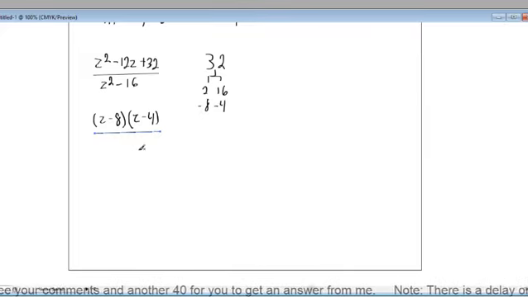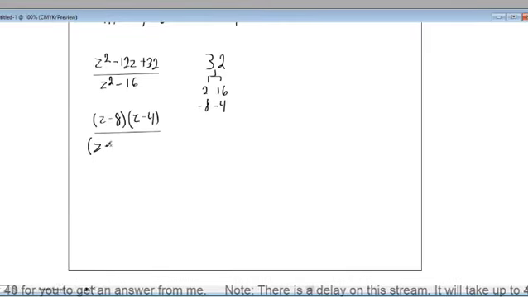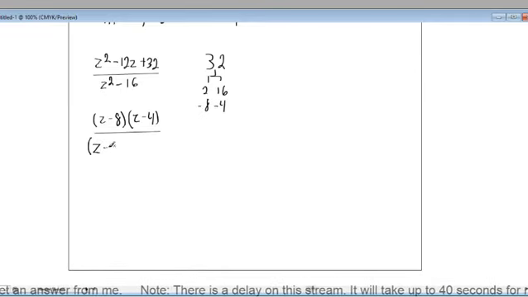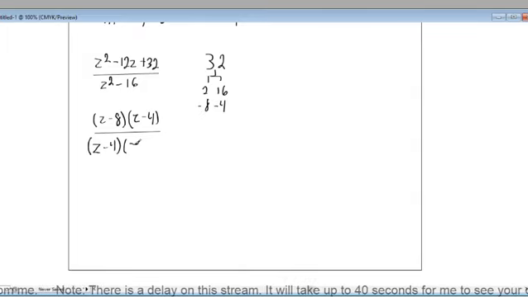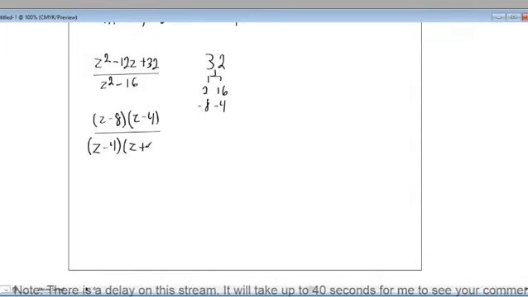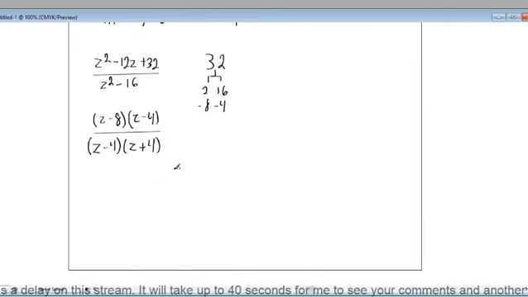So we can factor it as a difference of squares, which means that it comes out to be conjugate binomials. Z minus 4 and Z plus 4. Okay.